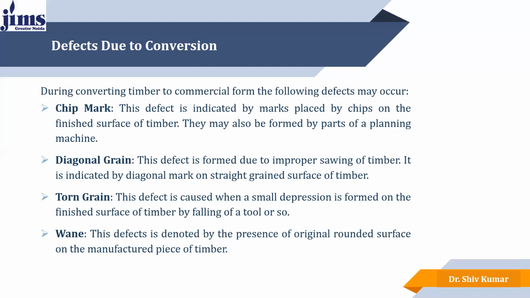Suppose we put a finished board or slab of timber at a place, and a hammer falls on that finished timber. A depression may appear on that surface, which is known as the torn grain. Next is the wane. This defect is denoted by the presence of the original rounded surface on the manufactured piece of timber.